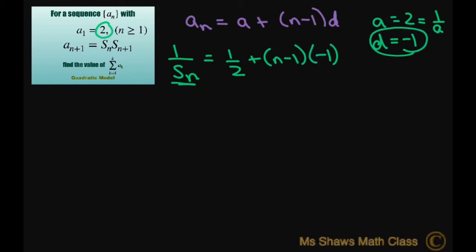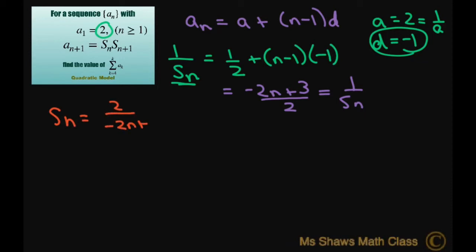This is going to give you negative 2n plus 3 divided by 2. Therefore, s sub n is going to equal 2 divided by negative 2n plus 3.